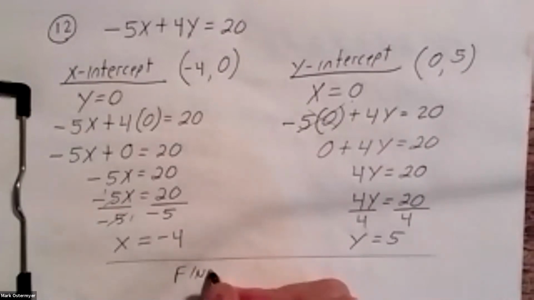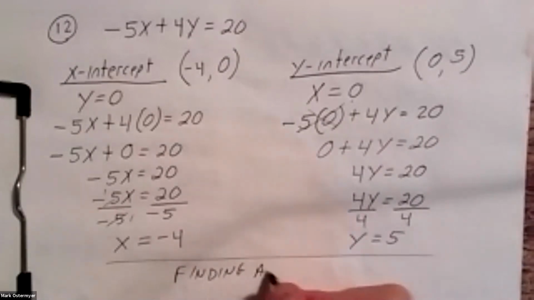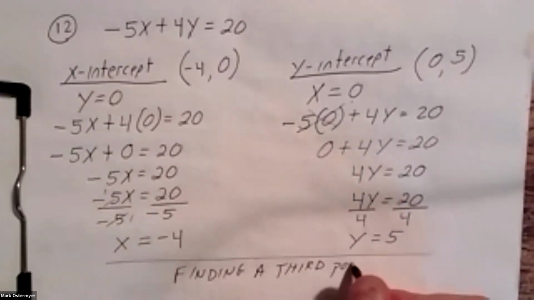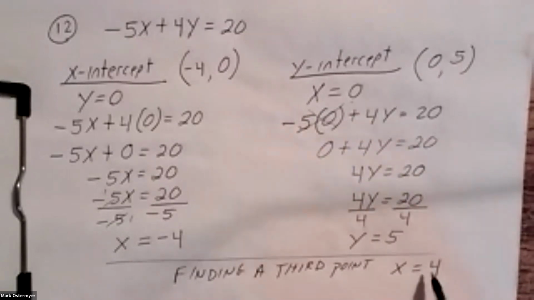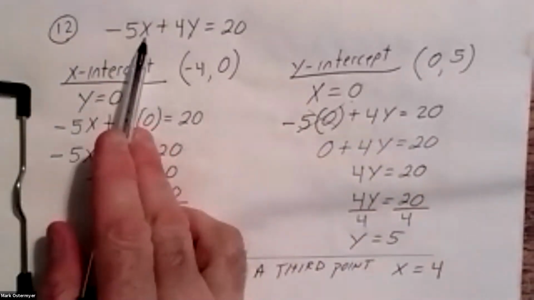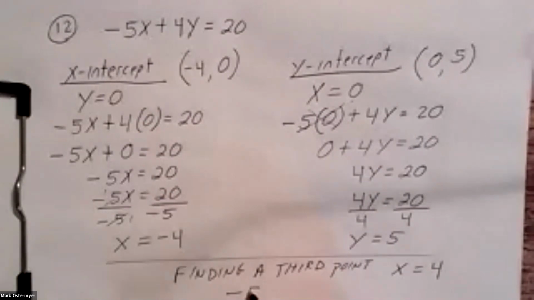So finding a third point. We choose x to be 4. Take 4, substitute it in for the x variable, and the equation becomes -5 times 4 plus 4y is equal to 20.